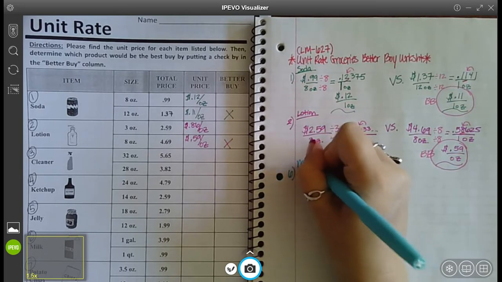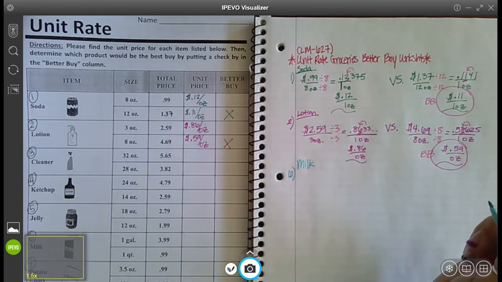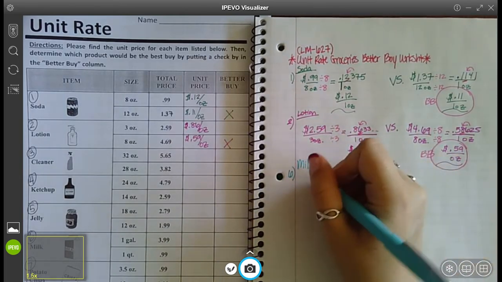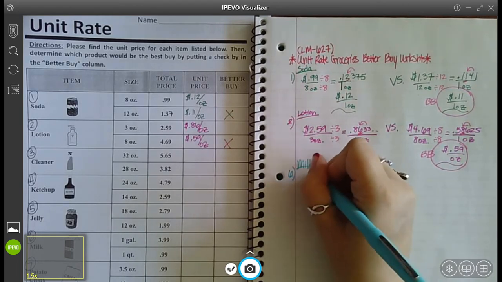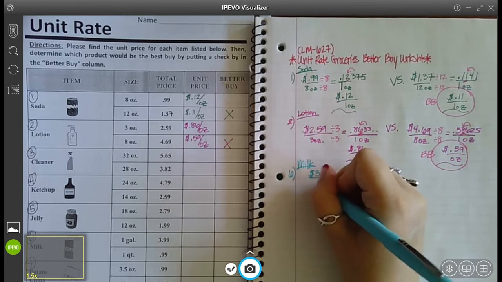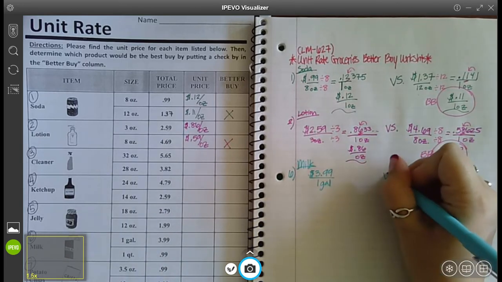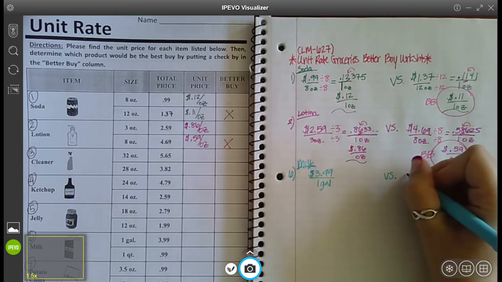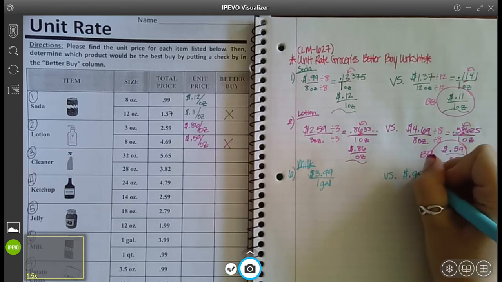Number 6 is talking about milk, and it says you have the option of $3.99 for 1 gallon of milk versus my other option is 99 cents for 1 quart.